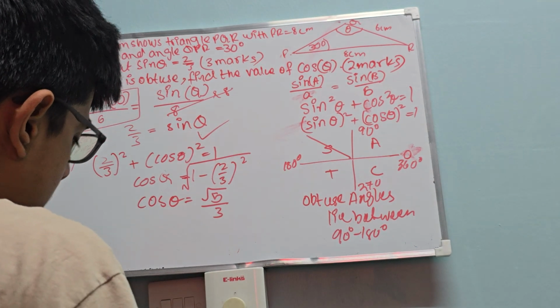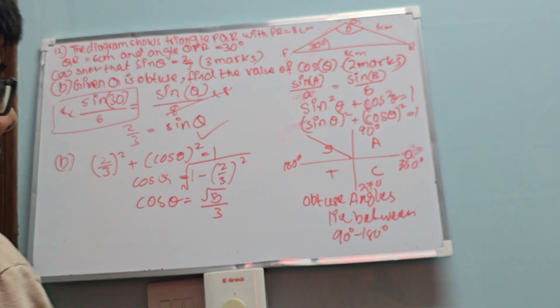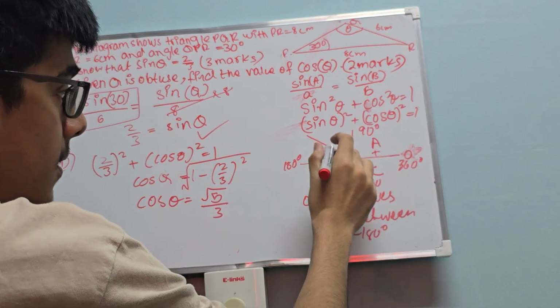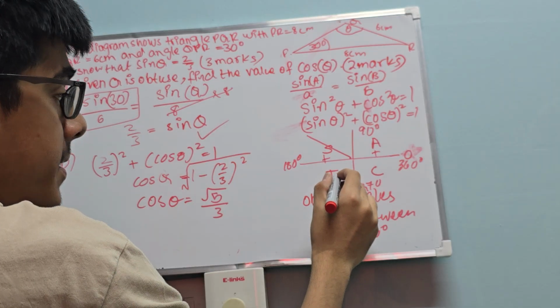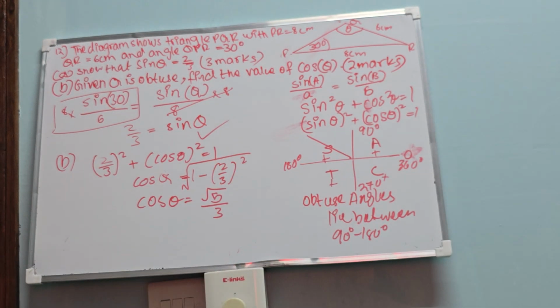Now if it is here, what do we do with it? You should know that all trigonometric ratios are positive here, only sine ratios are positive here, only tan ratios are positive here, and cos ratios are positive over here.